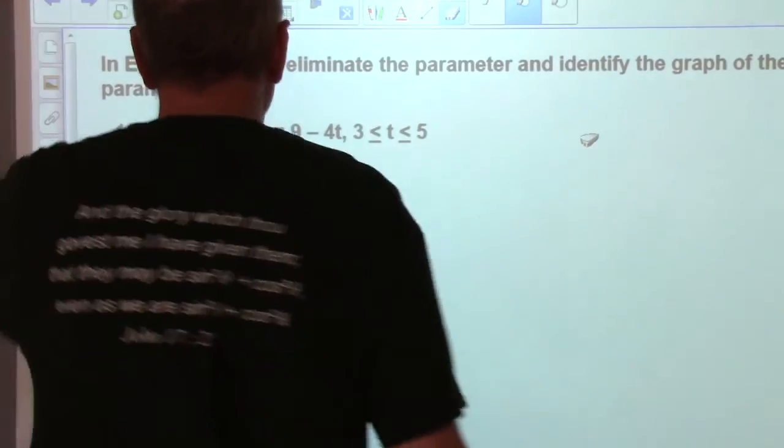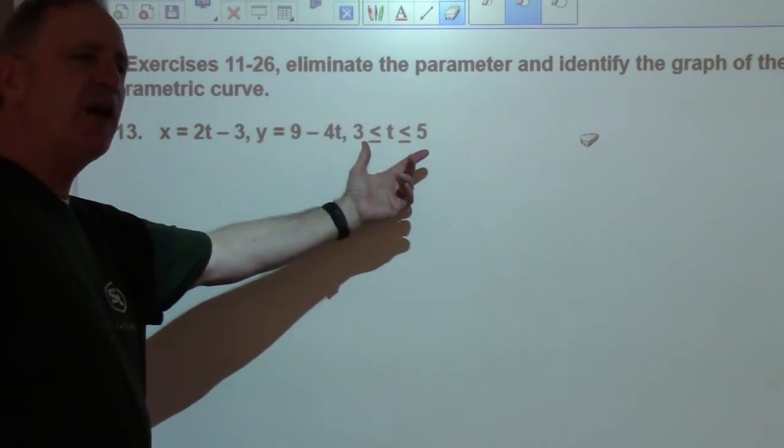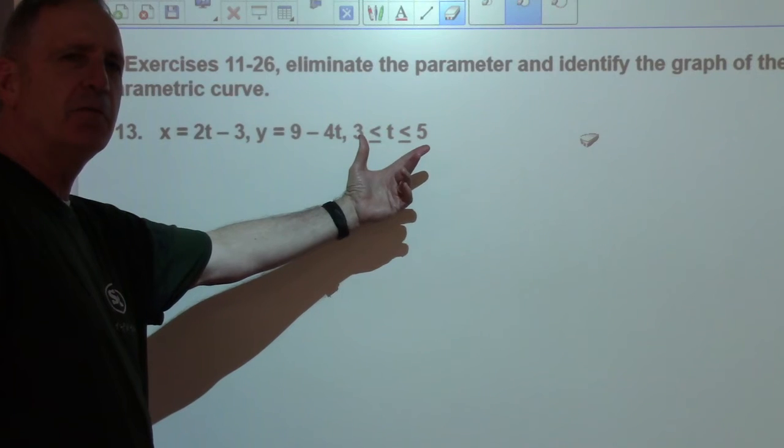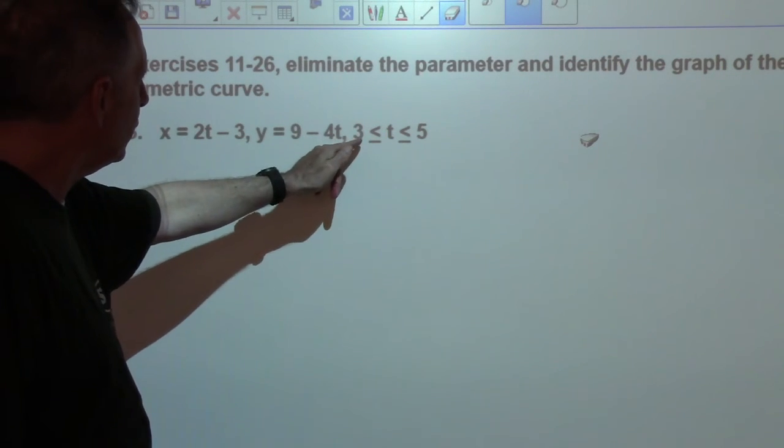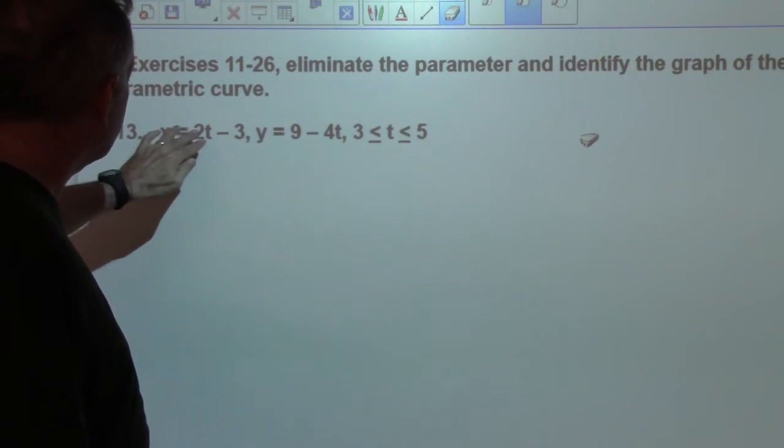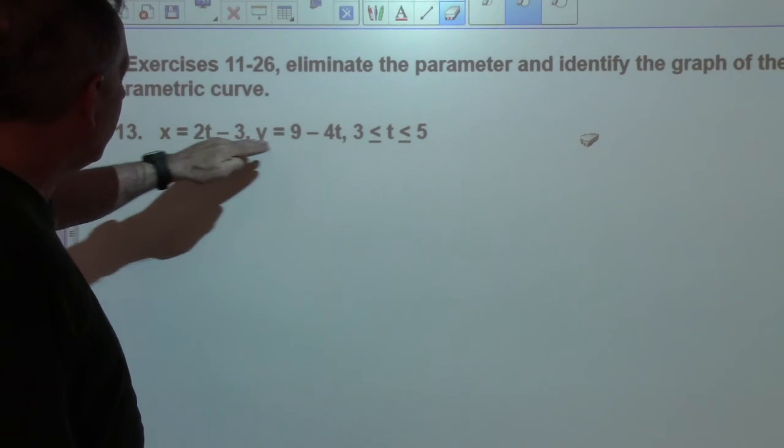She solved it all for y, but then she asked what to do with this 3 and the 5. Well, what you do is put it into the x equation, and you see the starting x value. You take that 3 and plug it in for x, and you're going to see where the thing starts.